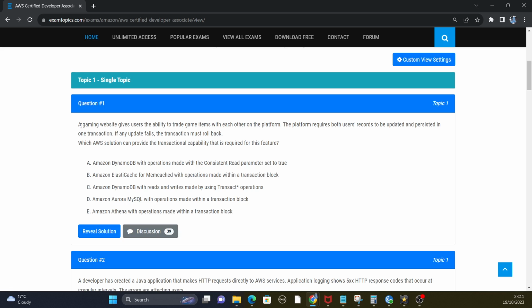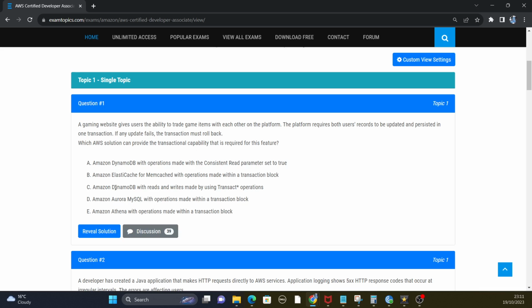So for example, look at this question number 1, which basically says that there is a gaming website that is recording some gaming data, and they want the user records to be updated and persisted in a single transaction. So for example, if your transaction update fails, then the entire transaction should roll back and not just a small part of it. Now, the capability that is required for this feature is the question, and what kind of solution AWS can provide.